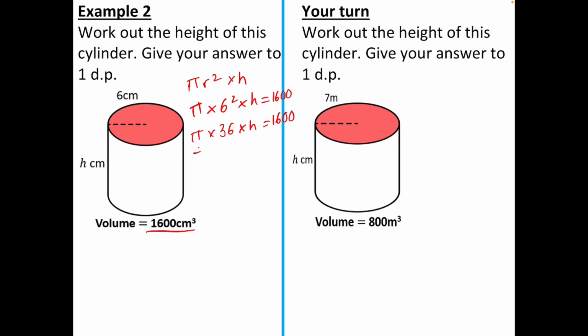Rearranging this, I'm going to divide by 36 pi to isolate h, which gives me that h is 1600 over 36 pi. At this point you want to take your calculator and work that out.